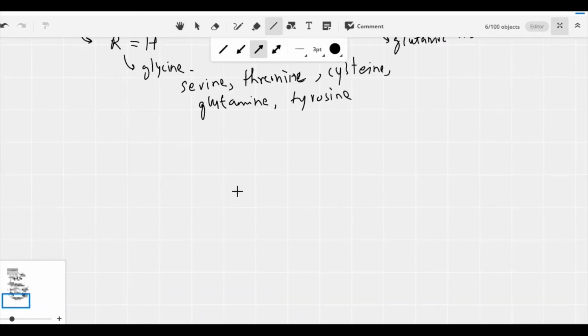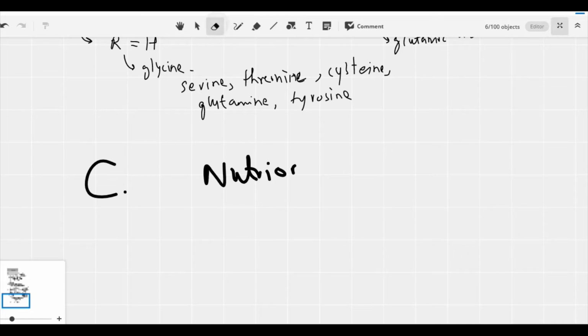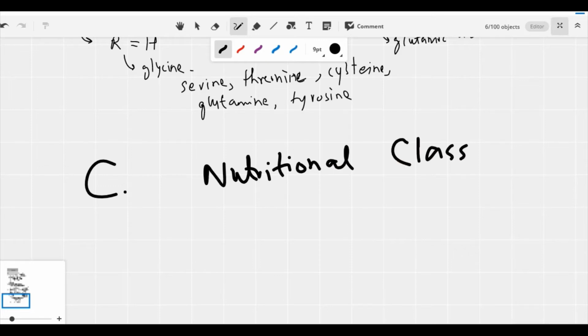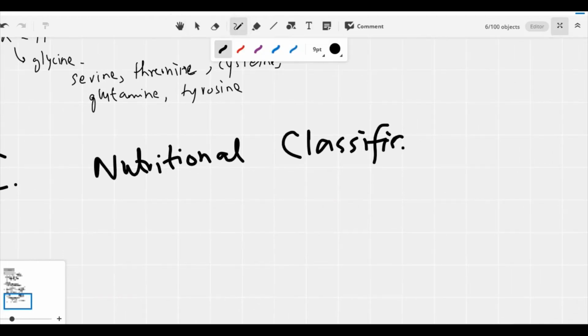The next classification we are going to discuss is the classification of amino acids based on nutrition, the nutritional classification of amino acids.